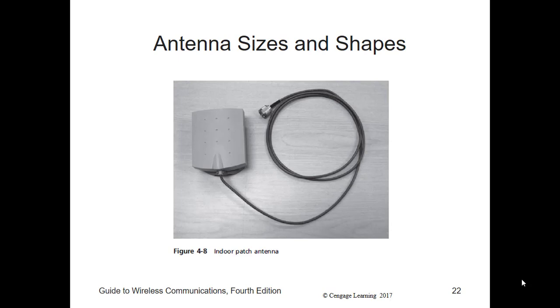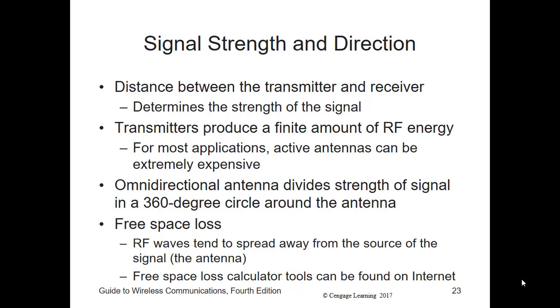The signal strength and distance is a big factor. The distance between the transmitter and the receiver determines the strength of the signal that you need to send, which in turn will determine what size and shape of antenna you need for your application.